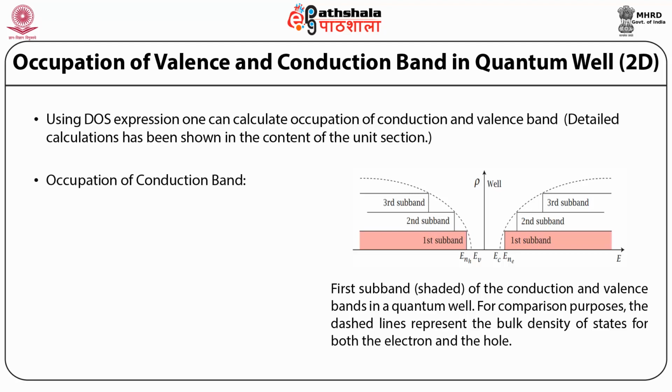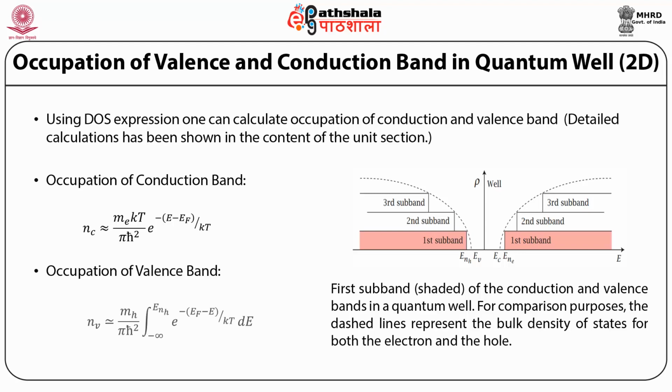Occupation of conduction band Nc is proportional to or equal to me kT by pi h cut square e to the power minus Ef by kT, and occupation of valence band Nv is mh upon pi h cut square integration minus infinity to Ev, e to the power minus Ef minus E by kT dE.